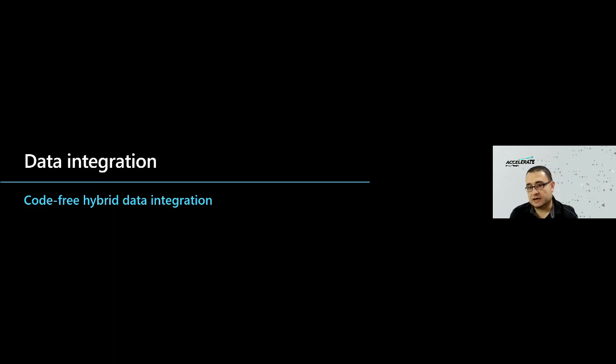So in addition to data governance and security, a core component of every data analytics solution is the ability to integrate data from all these different silos, right? We already talked about line of business applications that create silos, and specialized or purpose-built data solutions that create silos.